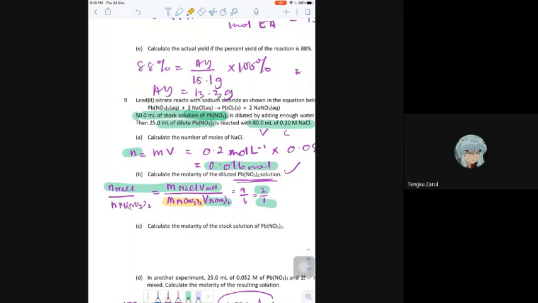This time we directly use the mole of the sodium chloride that we have calculated. Make this as the subject. So M of the PbNO3 is equal to, this goes up, mole of the sodium chloride 0.016 mole.